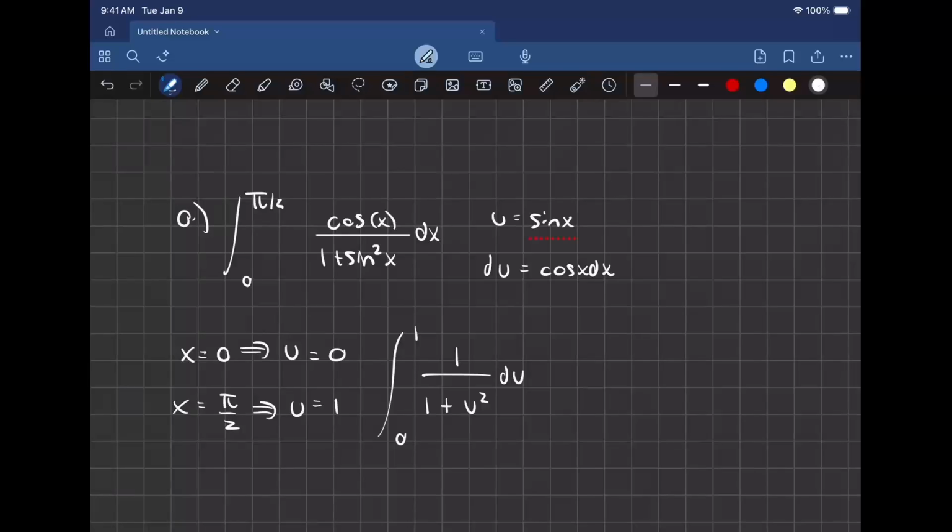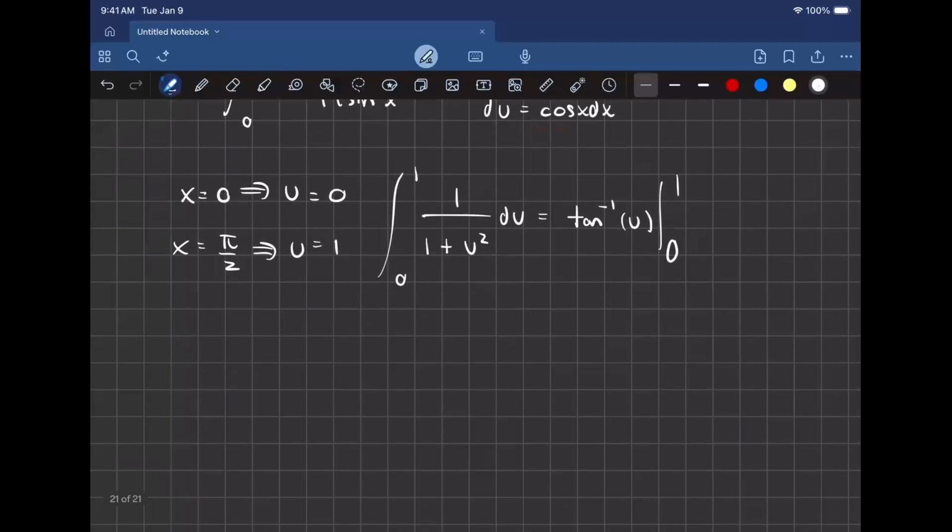And now we've turned this into an arctangent, so this will just be tan inverse of u evaluated from 0 to 1, because we already changed our bounds. So this is tan inverse of 1 minus tan inverse of 0, and this will just be pi over 4.